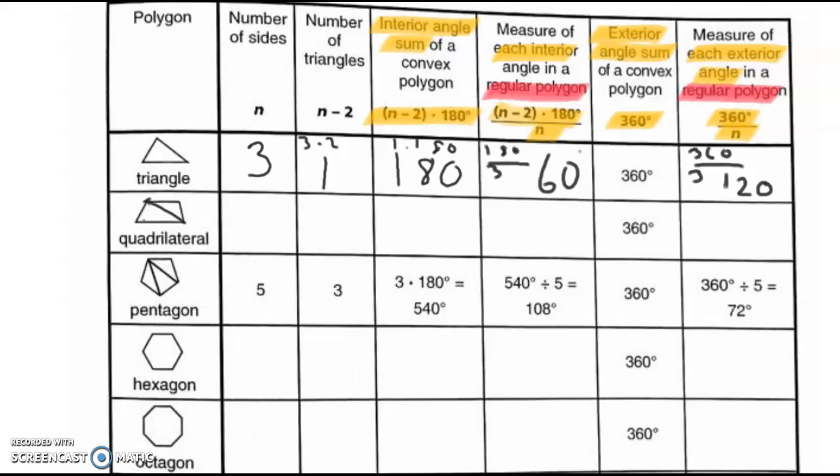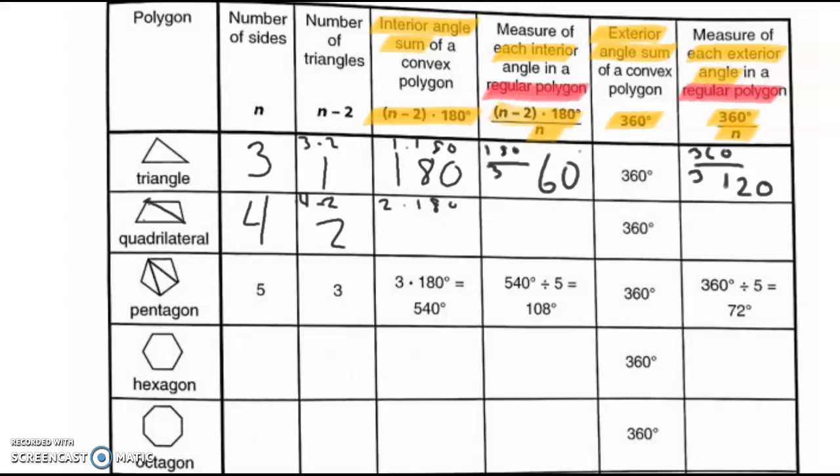Okay, so my quadrilateral has 4 sides. There's my N. How many triangles? Well, 4 minus 2 gives me 2. Okay, and I can see I have 2 triangles. So then I take that 2, and I'm going to multiply that by 180, because I have 2 triangles.